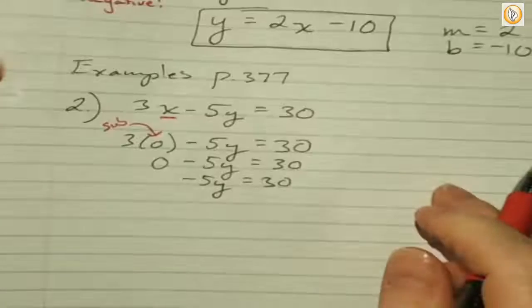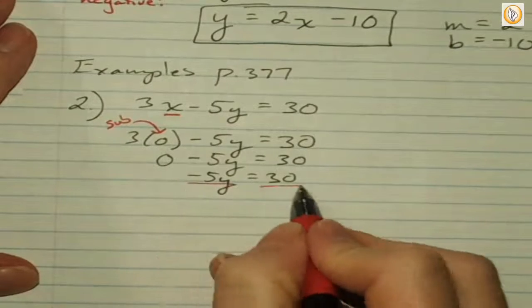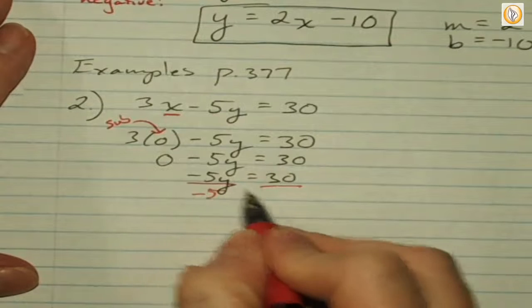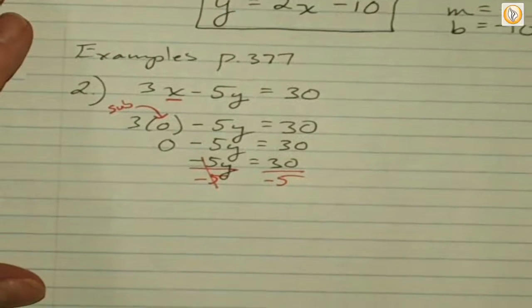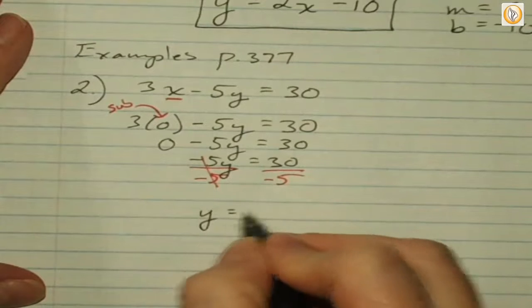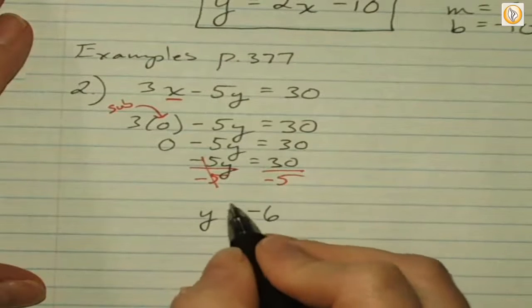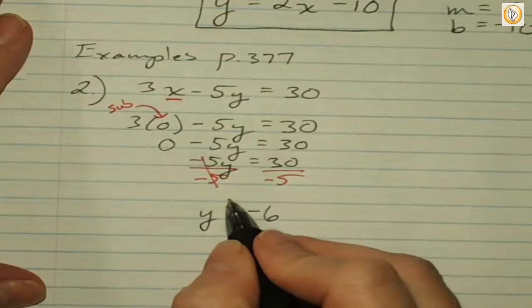Now you divide both sides by negative 5. Perfect. Because we're separating the -5 and the y. Which means y equals negative 6. Okay, there's my y-intercept.